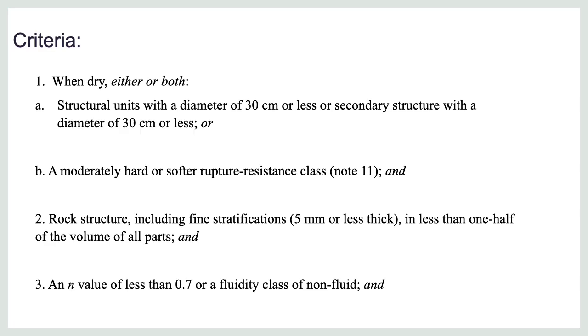So if I found, for example, just one A horizon, this A horizon should have less than 1/2 of its volume with rock structure. If I register A1, A2, A3, each of them should register less than 1/2 of the volume. Okay, so we need to consider this.